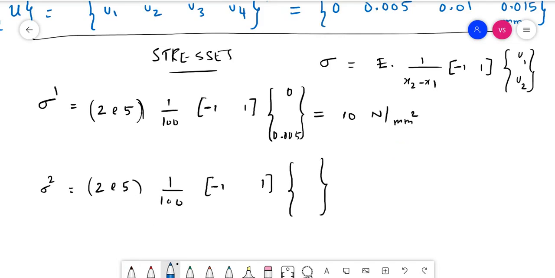So earlier this was U1 and this was U2. Now second element we should write U2 and U3. But U2 is 0.005 and U3 was 0.01. Again, if you do the simplification of this, you will find this to be 10 Newton per mm square.